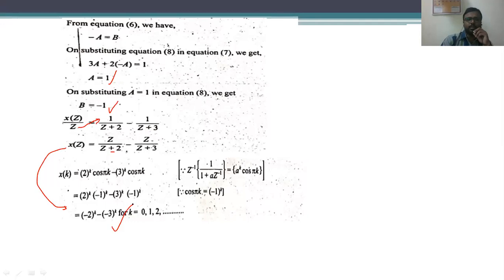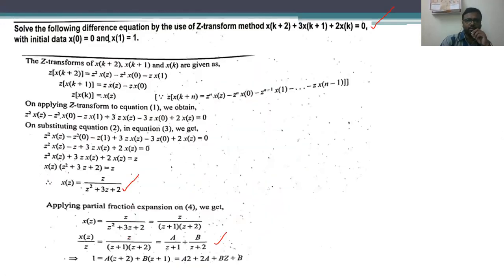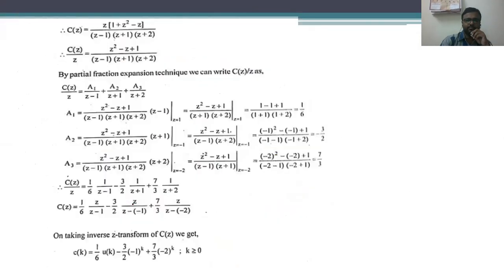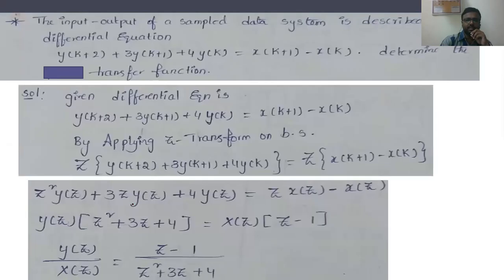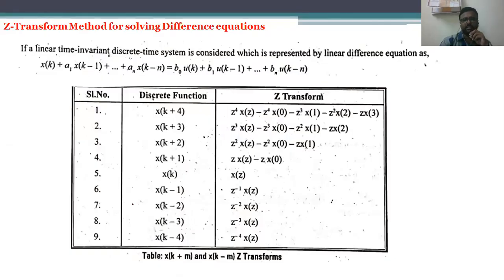That means you must be familiar with the particular table, the expansion table which we have seen in the previous class. This is the table which is used for representing or calculating or equating the difference equation. That is x of k plus 4, x of k plus 3, x of k plus 2, x of k plus 1, x of k minus 1, k minus 2.